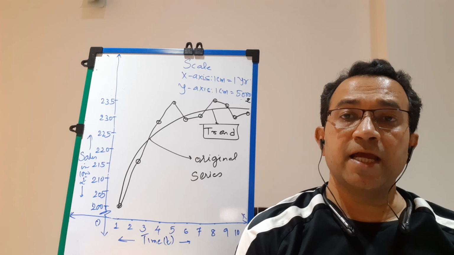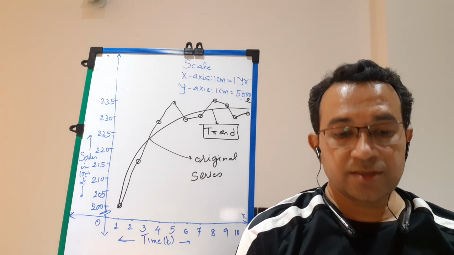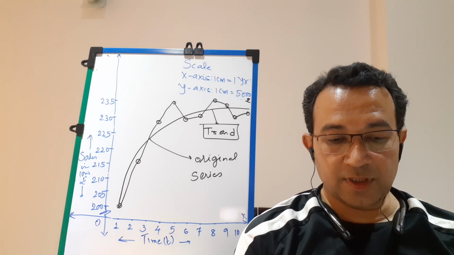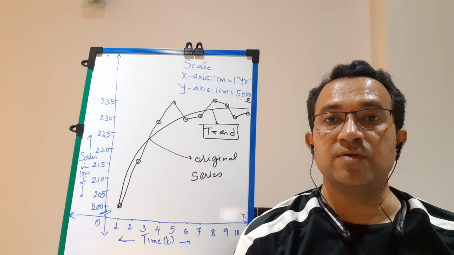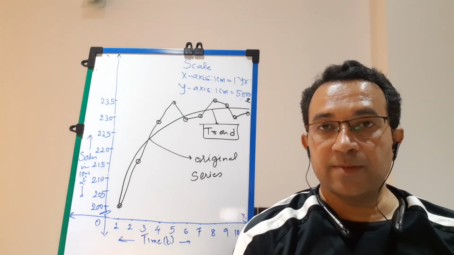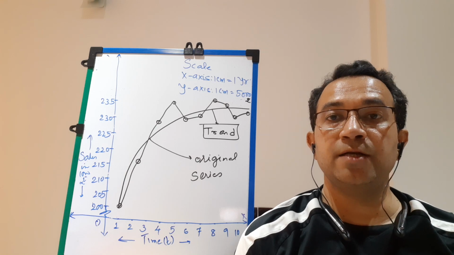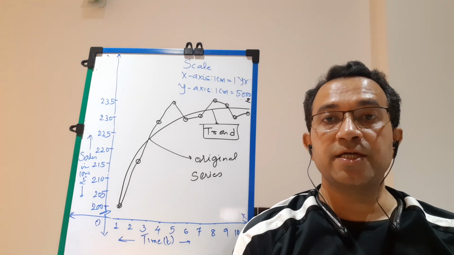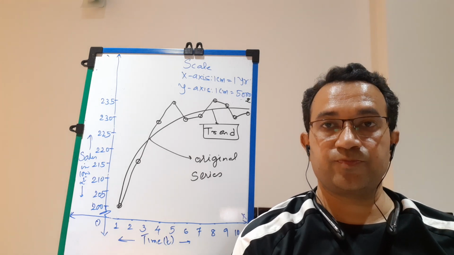Now, as we had a line of regression, students, in the same way we have a trend line. In regression we used to write y cap is equal to a plus bx. In this method, students, we will write yt cap is equal to a plus bt, because our independent variable is time. In regression, the independent variable was x.